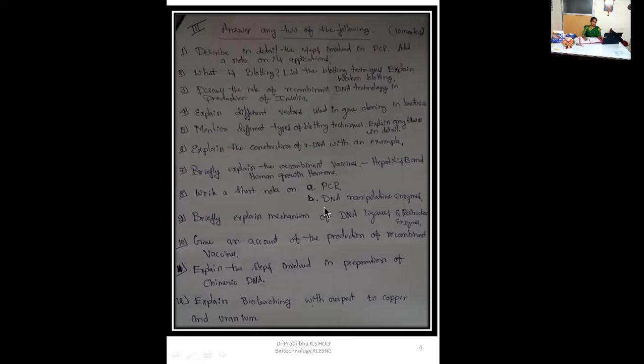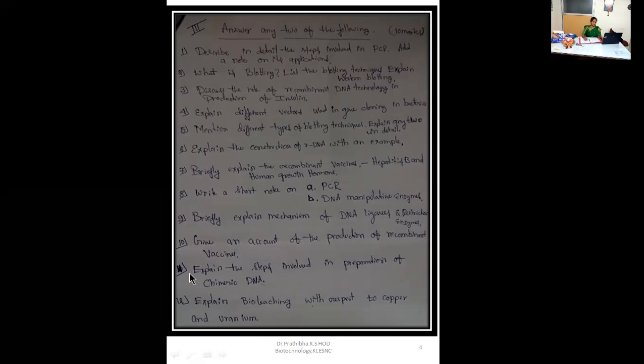Eighth question, write a short note on PCR. Second part, DNA manipulative enzymes. Ninth question, briefly explain mechanism of DNA ligases and restriction enzymes. Tenth question, give an account of the production of recombinant vaccines.